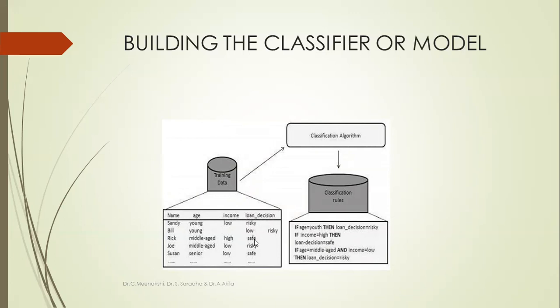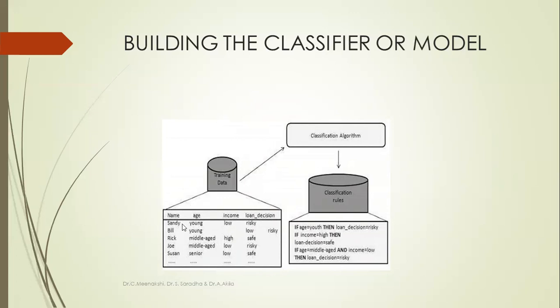And a senior member, even with a low income, is safe because he or she will have responsibilities to repay the loan. So we will be having certain rules here, and based on the rules it will be predicting or classifying whether it is safe or risky.